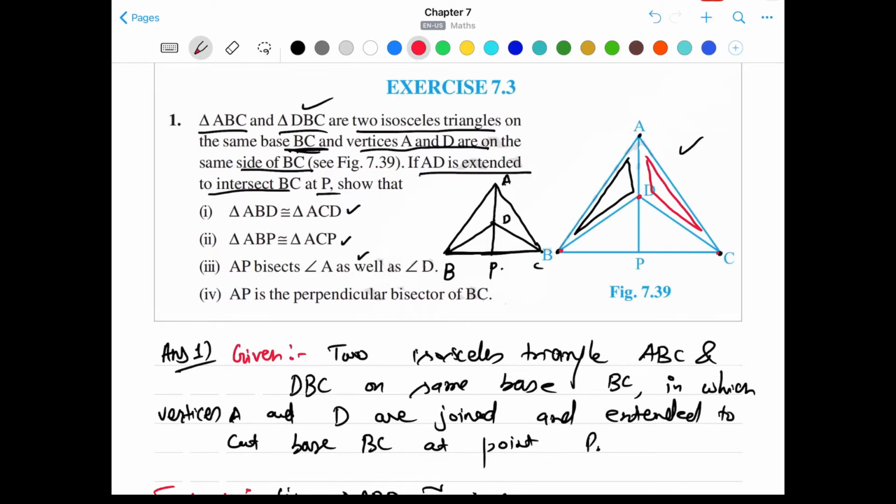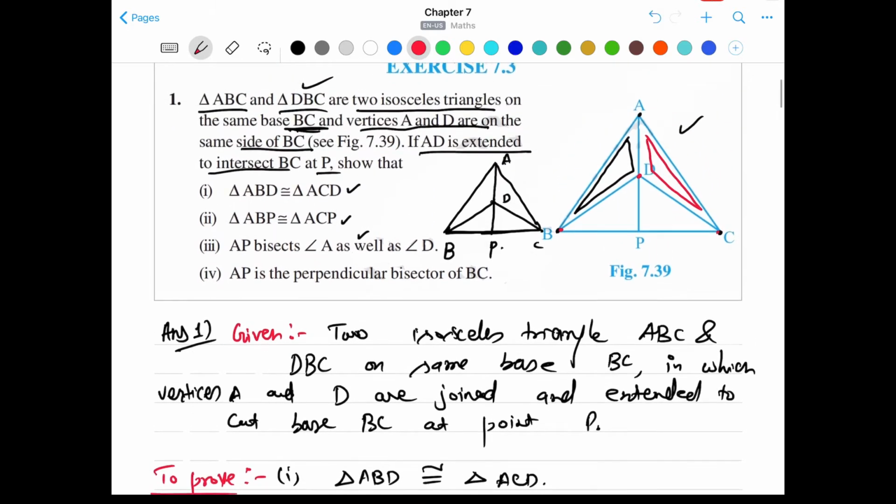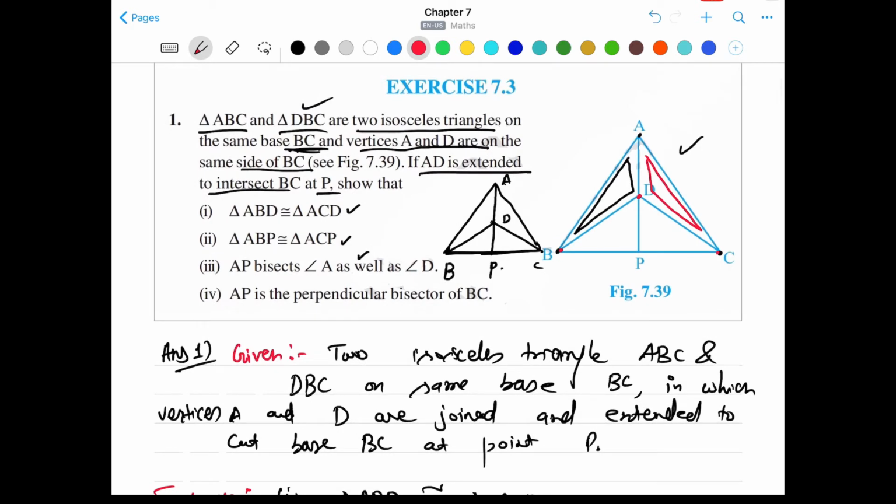You can see that we can apply the side congruence rule, because ABC is an isosceles triangle, so its corresponding sides AB and AC will be equal. Similarly, since DBC is also an isosceles triangle, its sides BD and CD will be equal, and the third side, AD, is common to both triangles. So by the side congruence rule, these two triangles will be congruent.